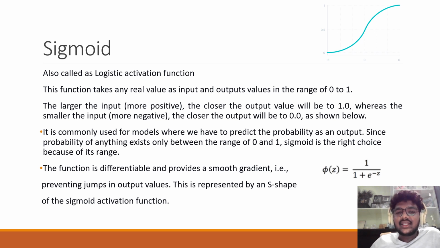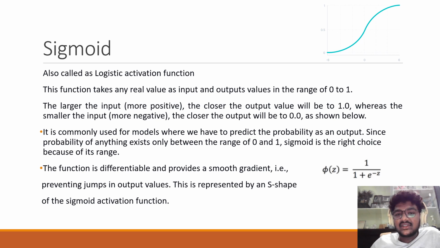This essentially means that when I have multiple neurons having the sigmoid function as their activation function, the output is non-linear as well. The function ranges from 0 to 1, having an S shape.